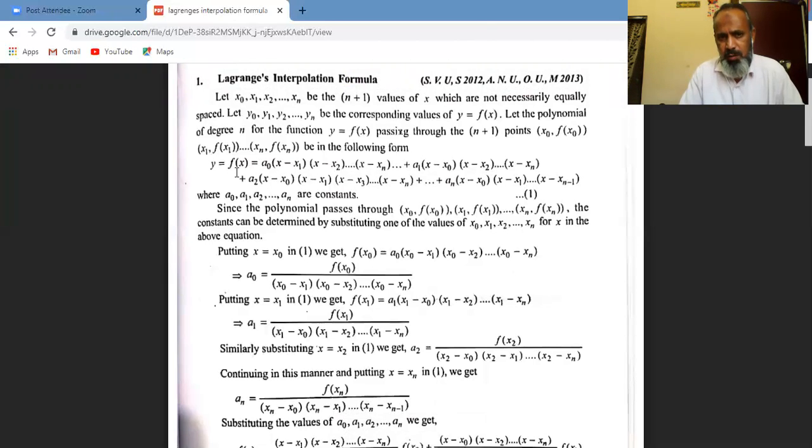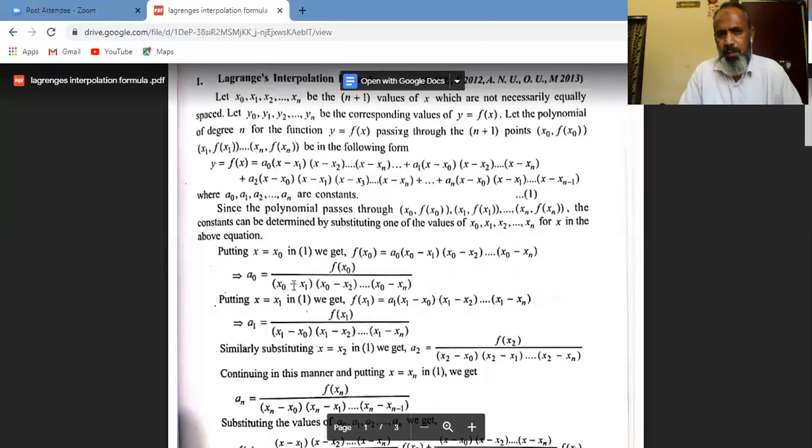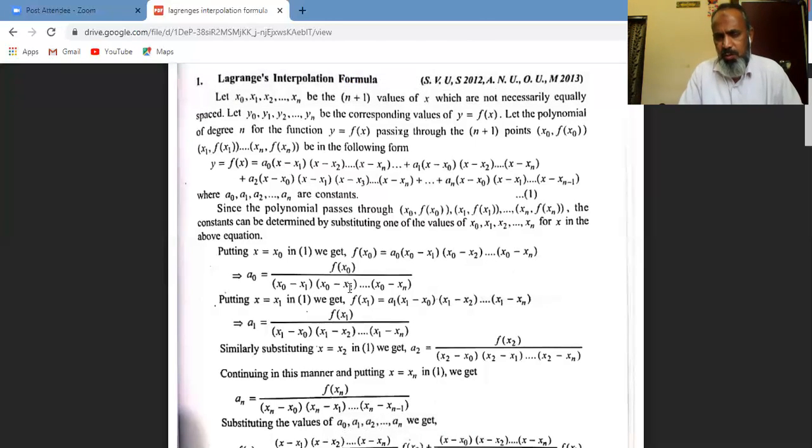This result we get after substituting x equal to x naught: f of x naught is equal to a naught into (x naught minus x1)(x naught minus x2) up to (x naught minus xn). So what will be the value of a naught? f of x naught divided by (x naught minus x1)(x naught minus x2) up to (x naught minus xn).